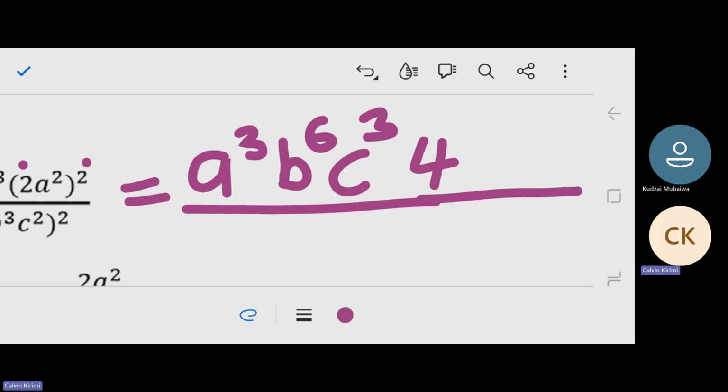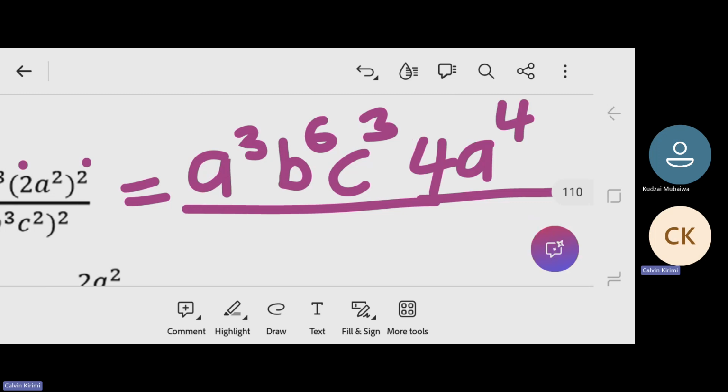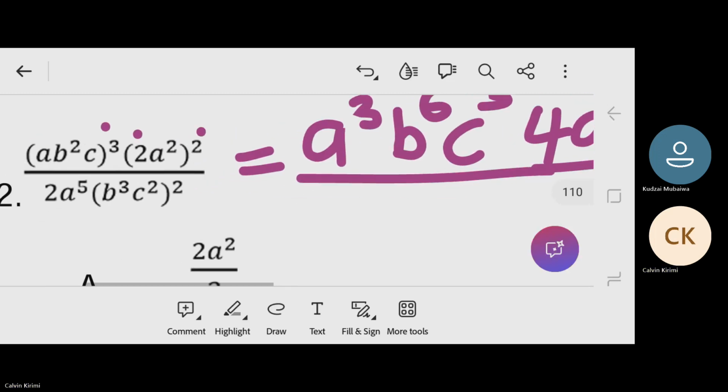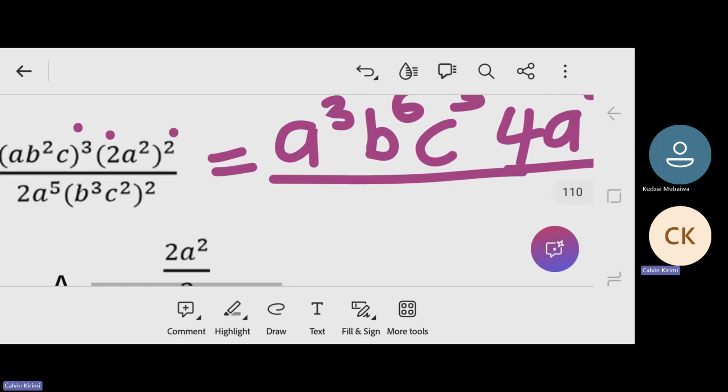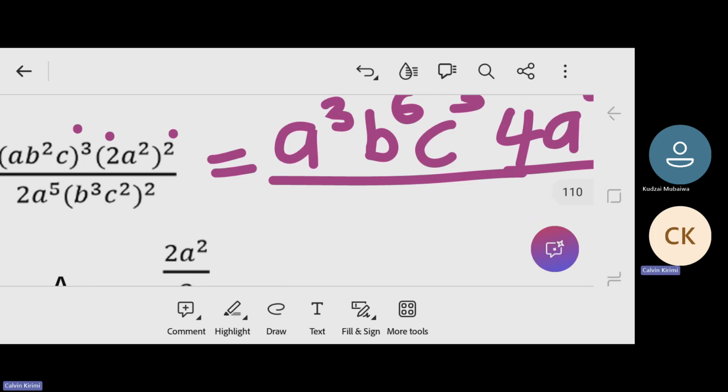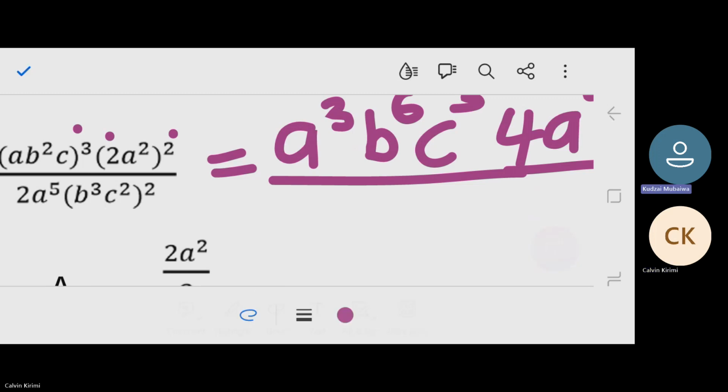Then a squared will be a to the 4. Then we go to the denominator. We are having 2a5 bc squared. So let's start writing what we are already given.